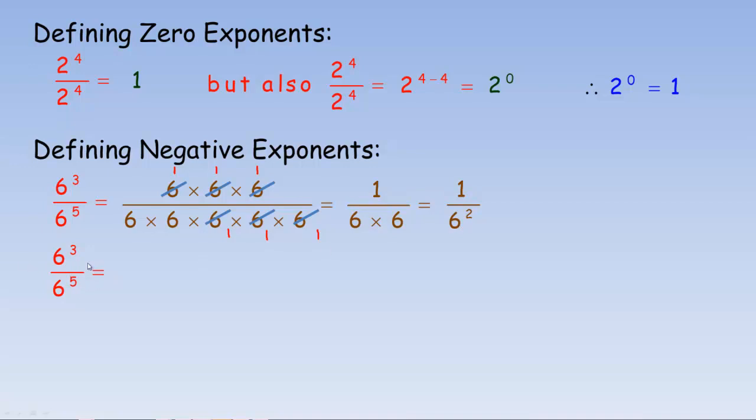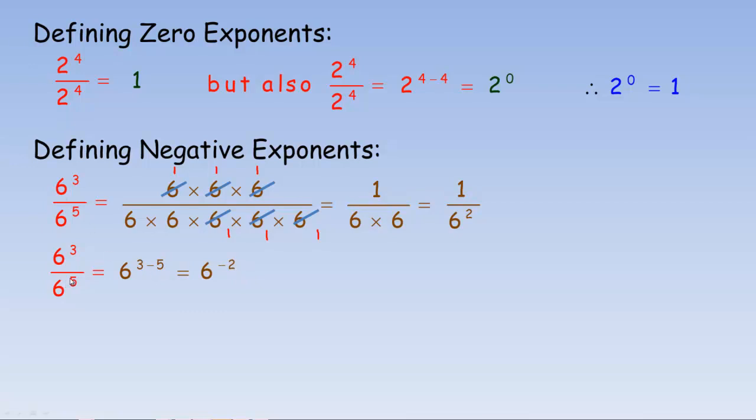Now, another way to evaluate the same thing, notice I have the same thing here, is by what we did up here. Both these powers have the same base, it's 6. So I can evaluate this by keeping my common base of 6 and subtracting exponents. 3 minus 5 is what I'm going to do with the exponents, and 3 minus 5 is negative 2.